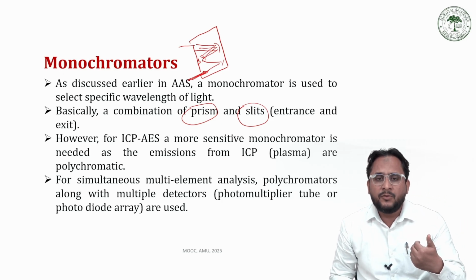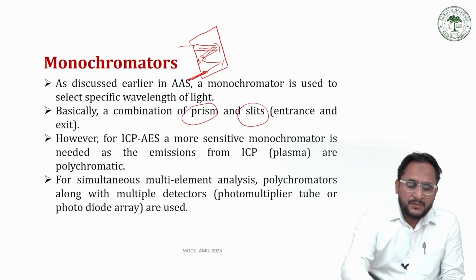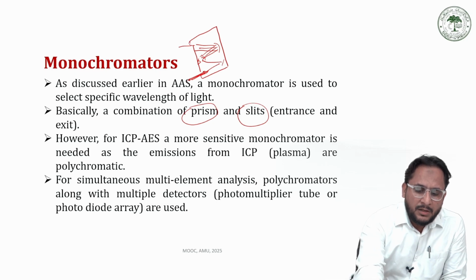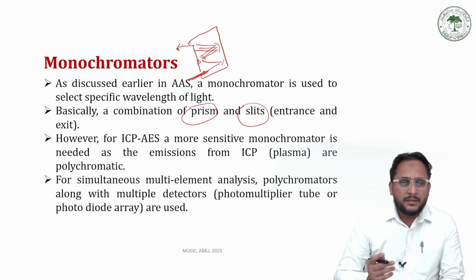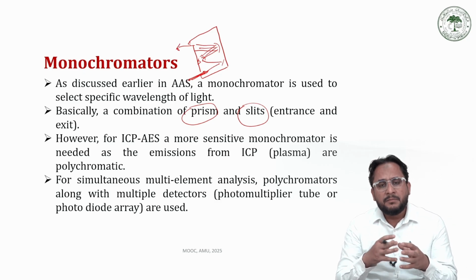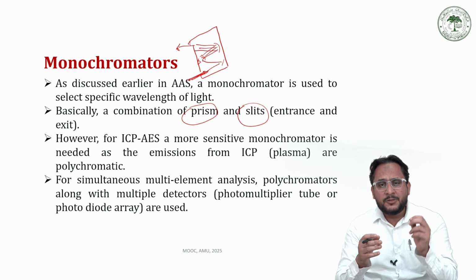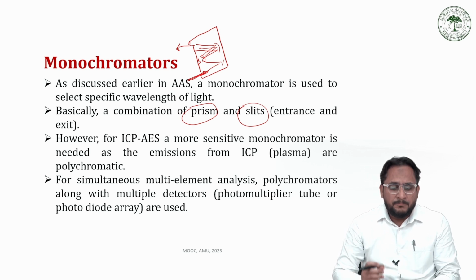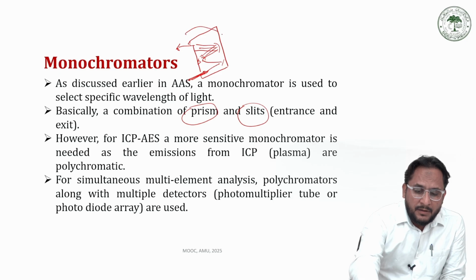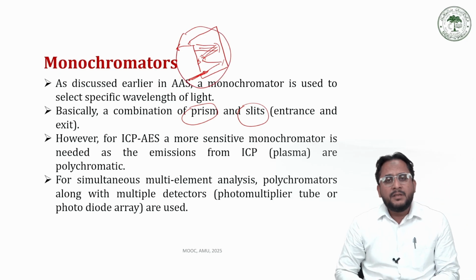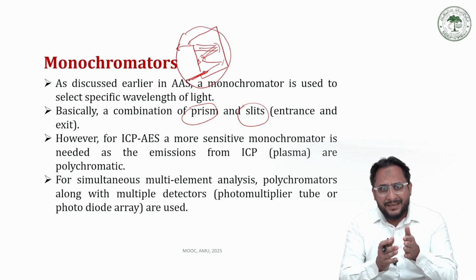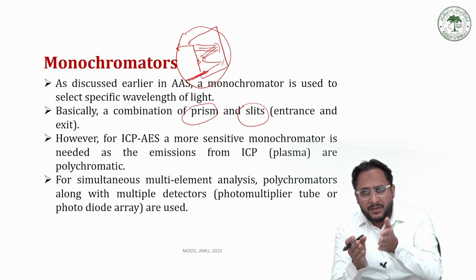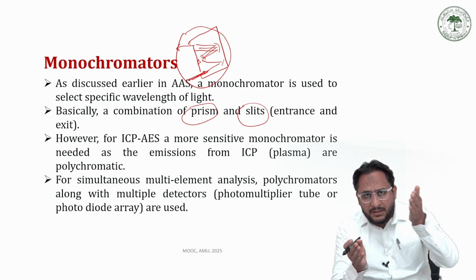This mirror is called the focusing mirror, and ultimately some of these radiations are blocked while only selective wavelengths are allowed to pass through this exit slit. So in this way this device helps us to select the specific wavelength in which we want to carry out the study. Clear?